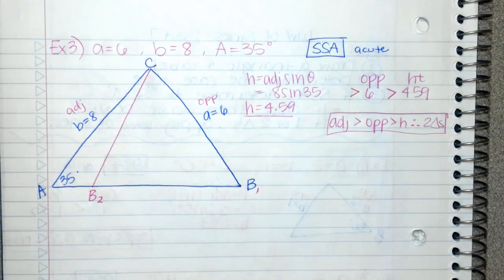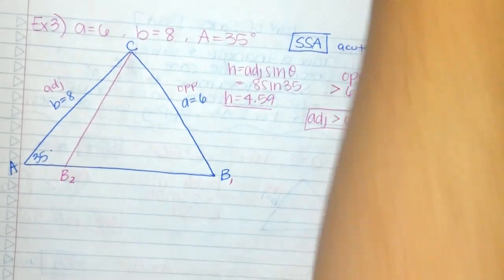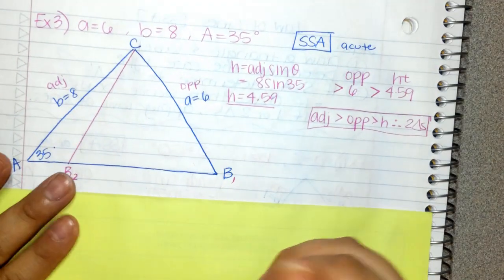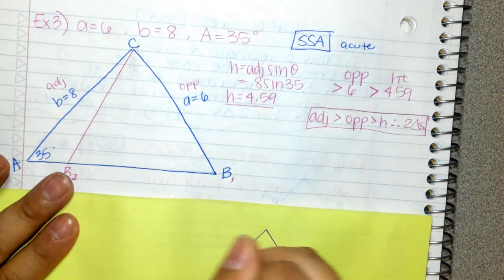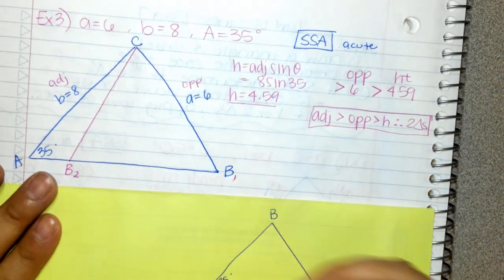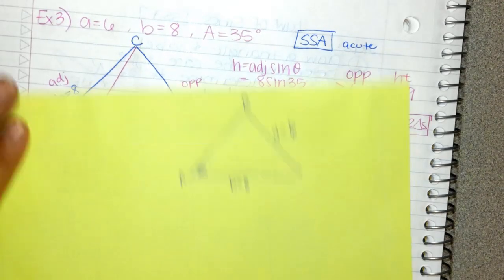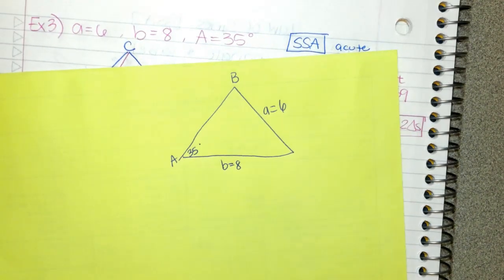Somebody last period asked me a really good question. Shout out Nicole. She said, what if I draw this different than you? What if I put B up top? How do I draw this triangle? What if I put it in the wrong spot?